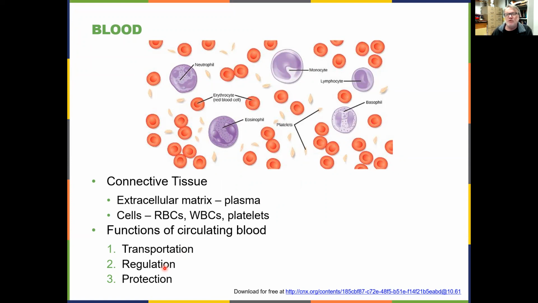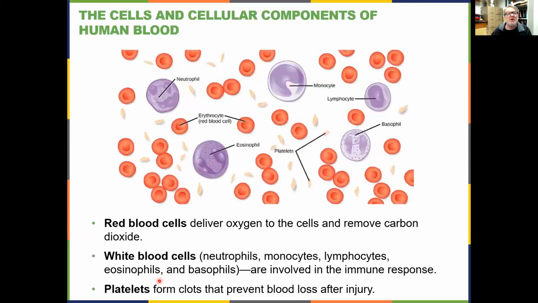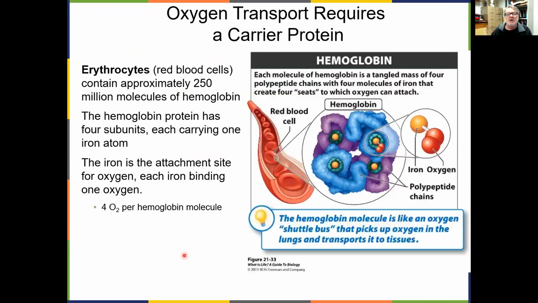This is how your endocrine system controls things. And then, of course, protection, being the white blood cells and the platelets forming protection from blood loss to form blood clots. So again, here's this picture showing the red blood cells, white blood cells, and platelets.